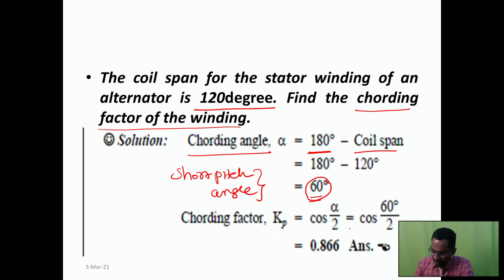So I can calculate the pitch factor, chording factor or coil span factor: cos of alpha by 2, the alpha value is 60, cos of 60 by 2, we will be getting 0.86. It is the pitch factor value.